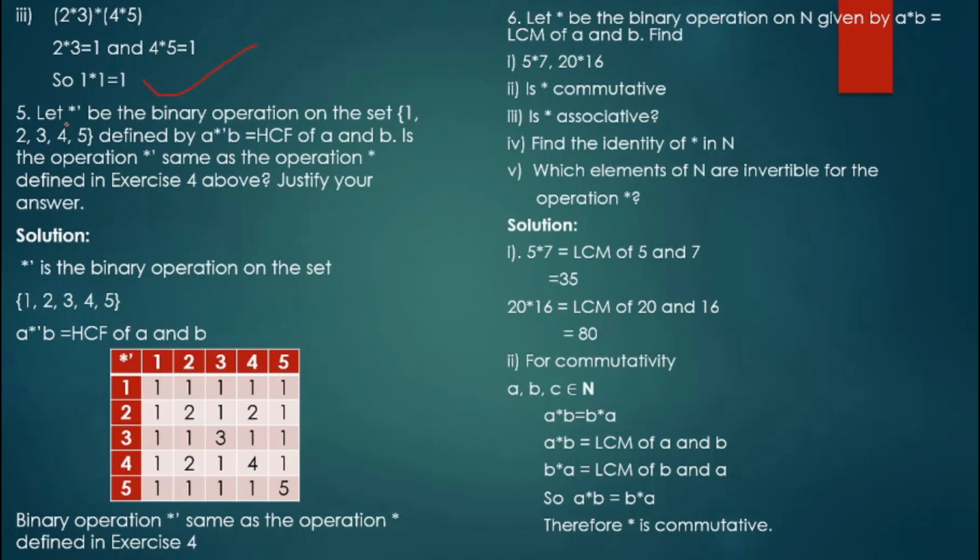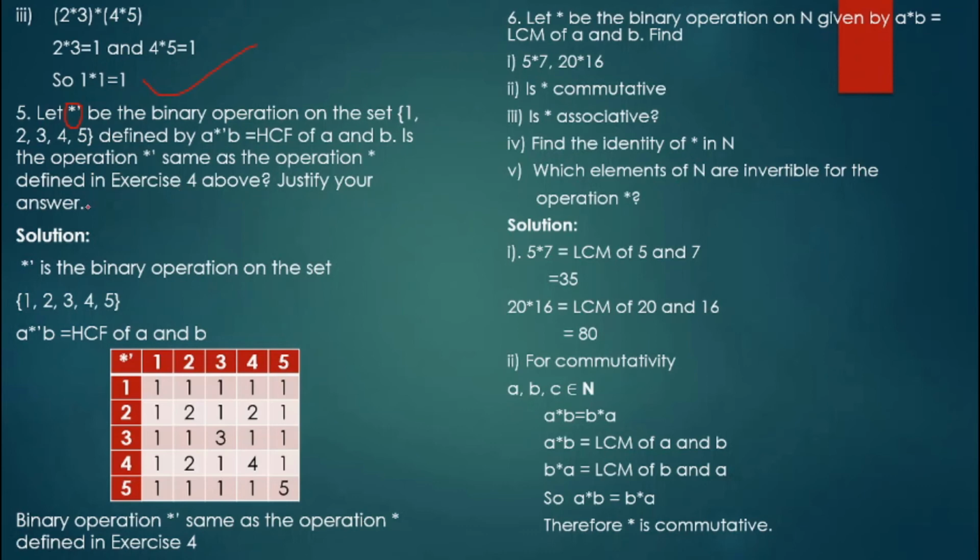Let A star dash, just note a little change, A star dash, be the binary operation on the set {1, 2, 3, 4, 5} defined by A star dash B equal to HCF of A and B. Is the operation star dash the same as the operation star defined in the exercise above?